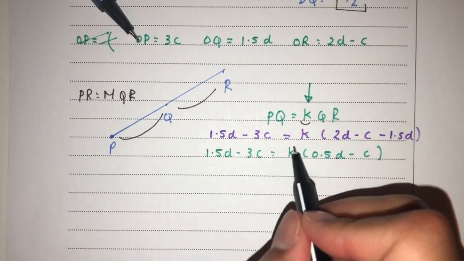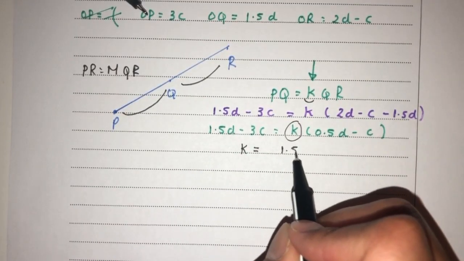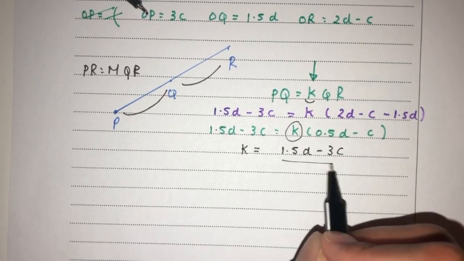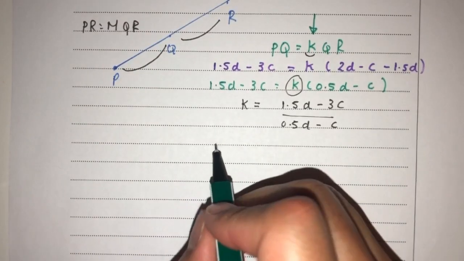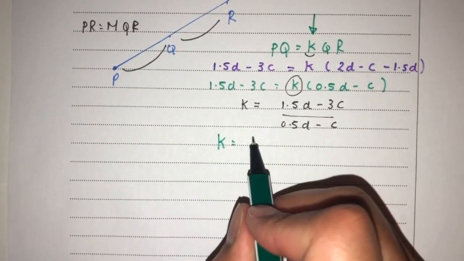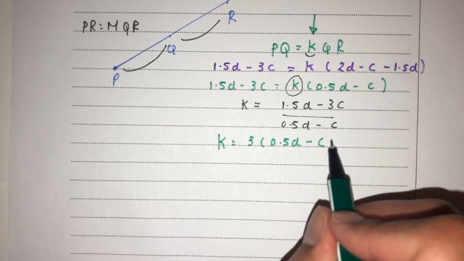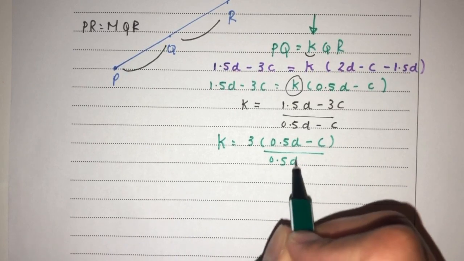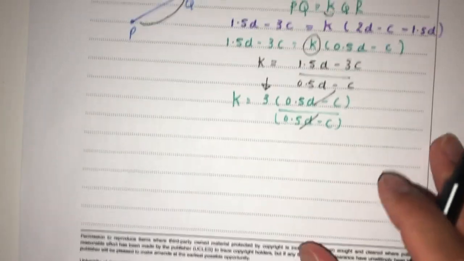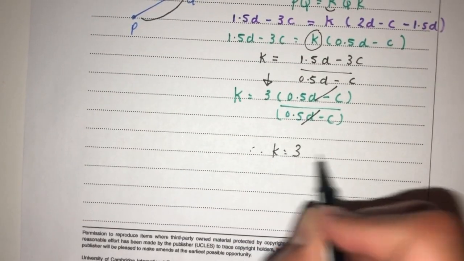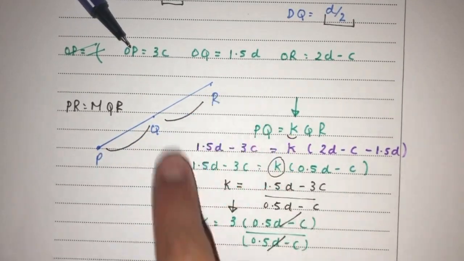Okay, so now to find K, we can simply do what? We can send this over here. That will be 1.5D minus 3C over 0.5D minus C. Now if you observe something, K has to be, if you take out the value of 3, you will have 0.5D minus C over the value of 0.5D minus C. As you can see, we were able to obtain a constant K. So since K is 3, which means that the direction of PQ is a multiple of the direction of QR.